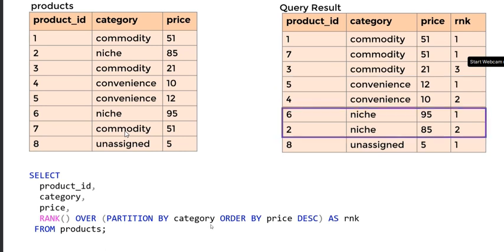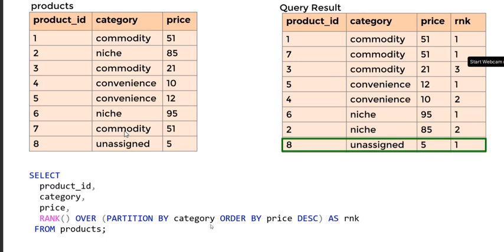Then we have niche, and finally the unassigned category, which has just one row in its partition. After the partition by we have an order by expression, and we are ordering price in descending order. This means we start with the highest price, so the highest price product will get assigned a rank value of 1 within each partition.